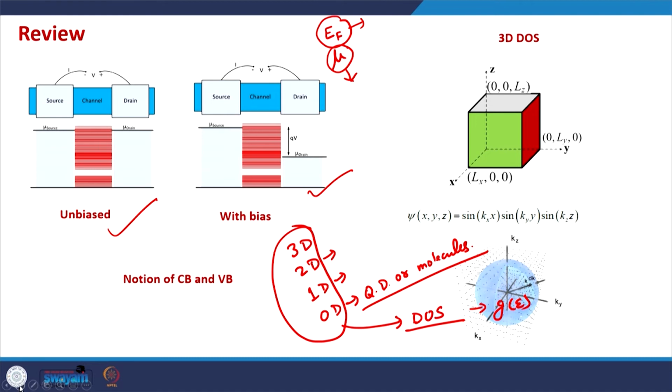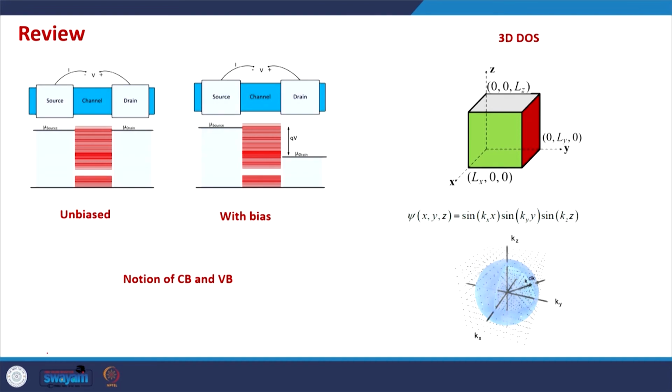So, we started our discussion with density of states in a 3D material, 3D channel, and this is how a 3D channel looks like. It is extended essentially in all three directions, Lx in x direction, Ly in y direction, Lz in z direction.